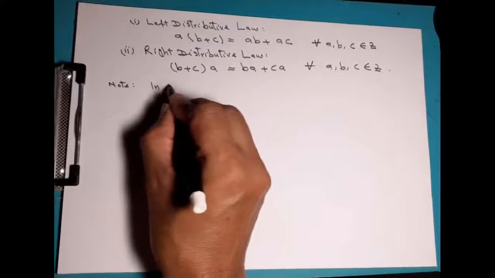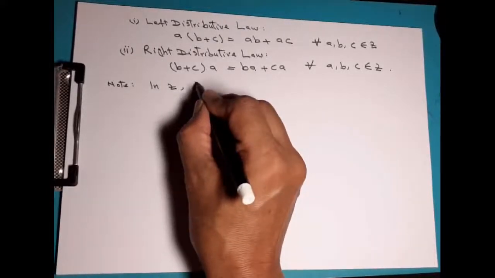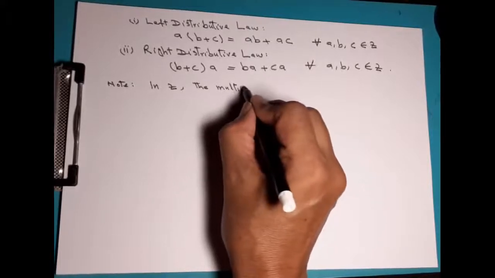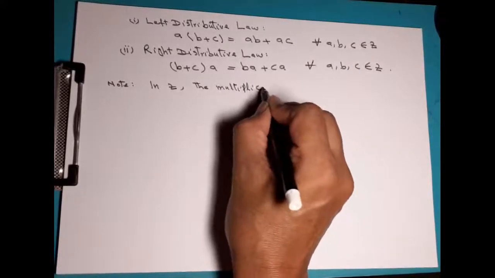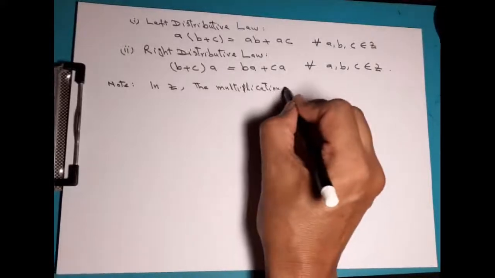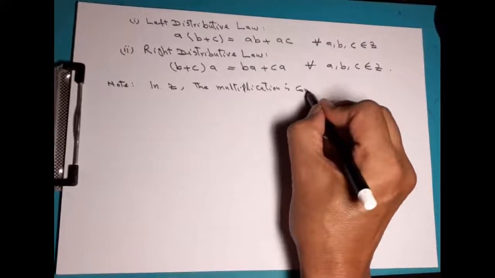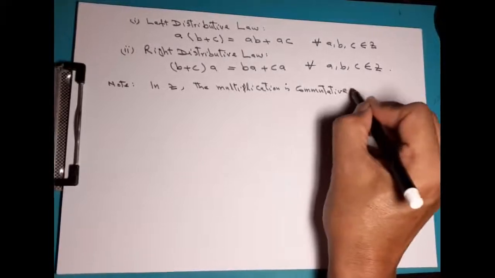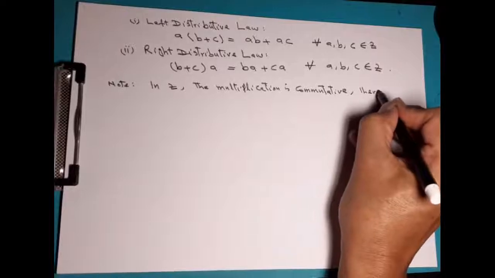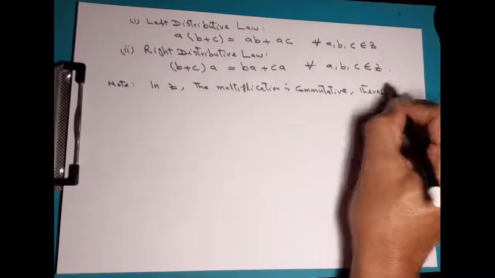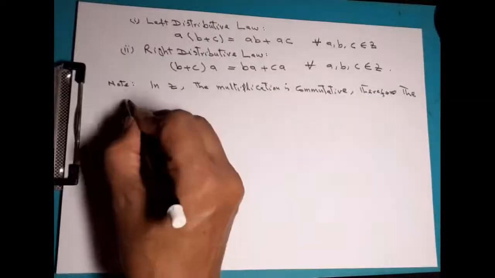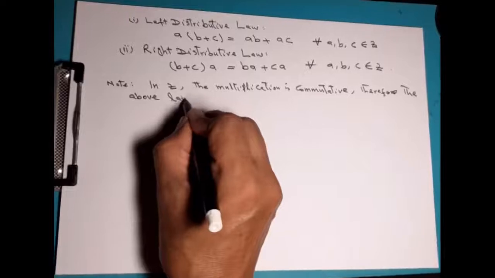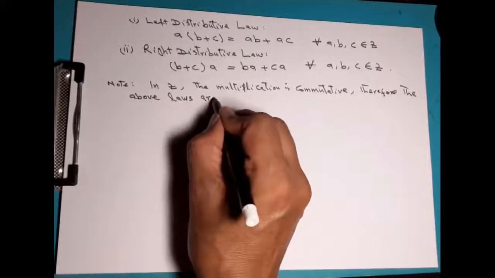In Z, the multiplication is commutative. Therefore, the above laws are the same.